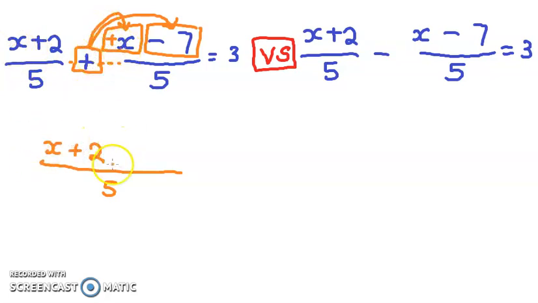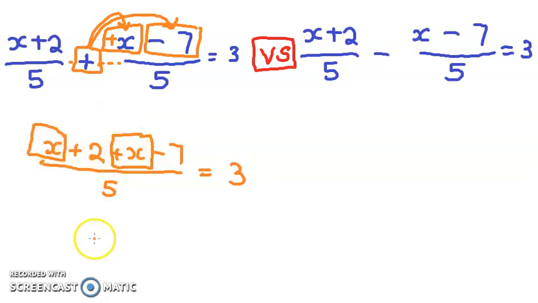Positive times x is positive x, positive times negative 7 is negative 7, equal to 3. I need to simplify everything here. It looks so messy. The x family will talk to the x family, so positive x and positive x give you 2x. 2 minus 7 gives you negative 5, over 5 equal to 3.